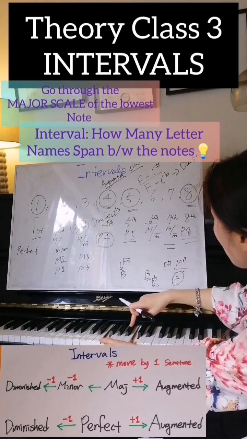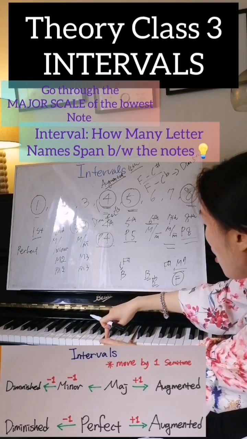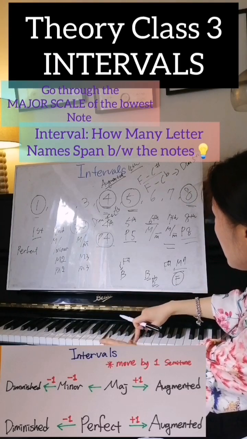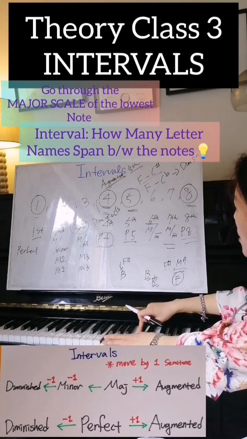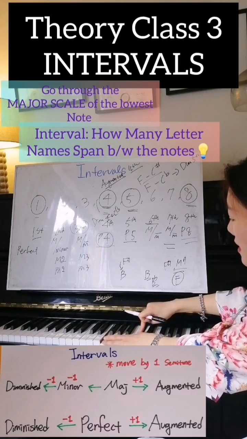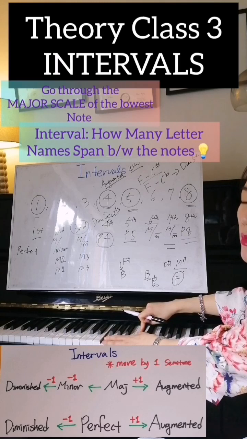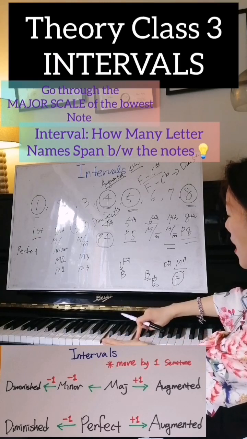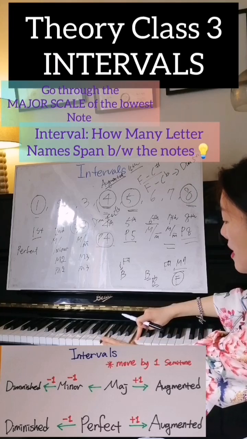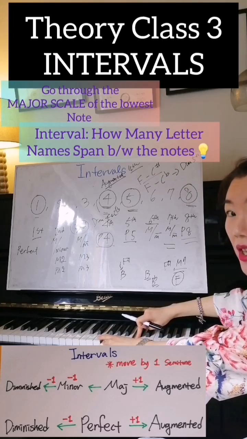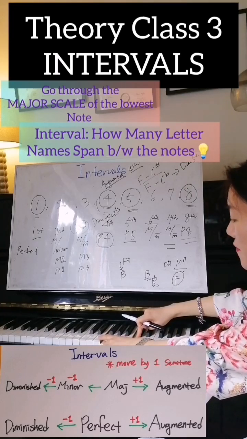So the fifth of F major is C. If you raise the fifth by one semitone, that becomes augmented fifth, which is C sharp. Now from the perfect fifth, you're trying to lower the note by one semitone. That becomes diminished fifth, which is a C flat.